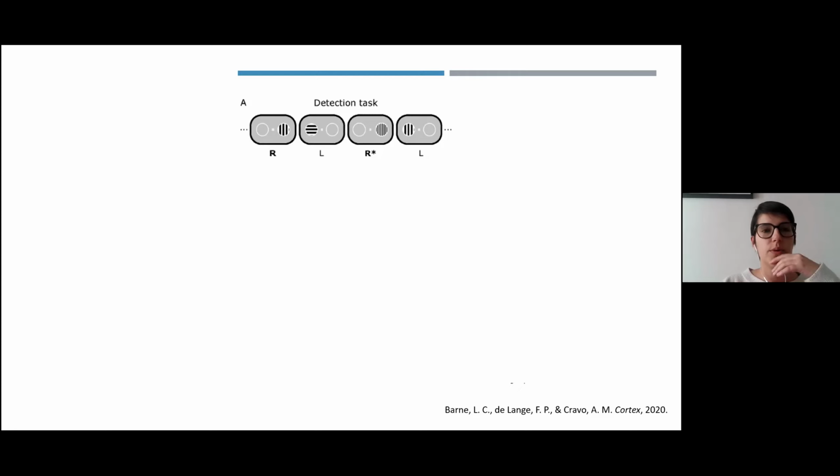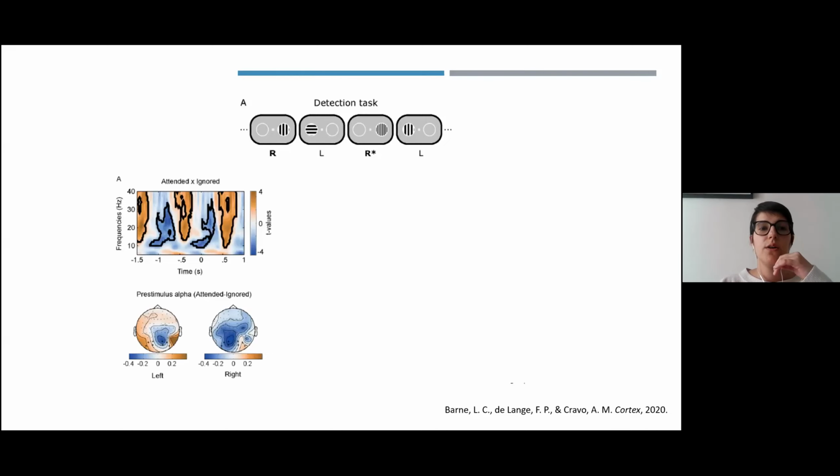And that's what we were focused on, the decoding, and you are going to see that right after. But first, we look at the alpha oscillations, and 0 is when one standard was presented.